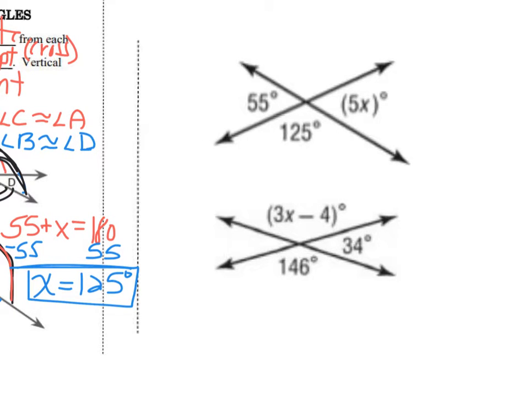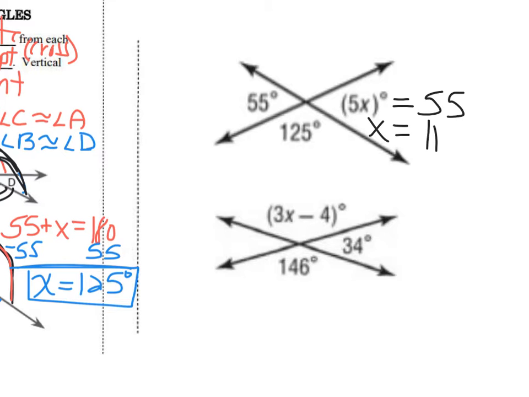So if I put it equal to 55, then I could solve this. What will x equal? 11. And see how easy that is? If you know those rules about vertical angles, then it'll be easy to find x.